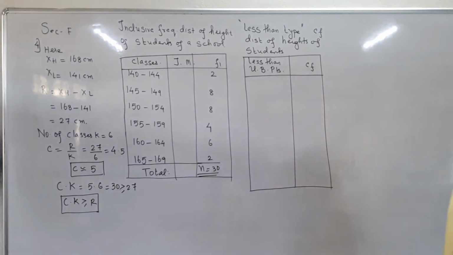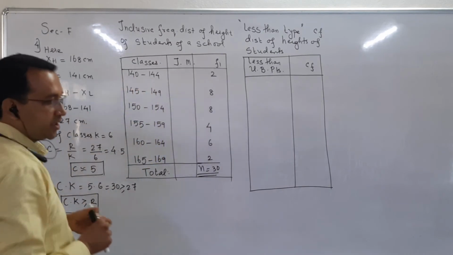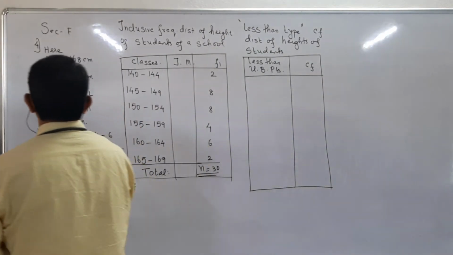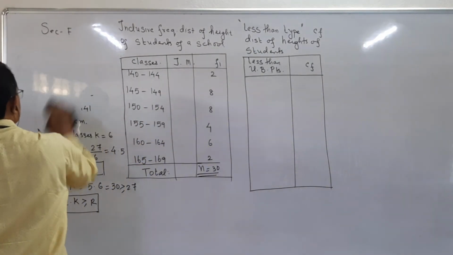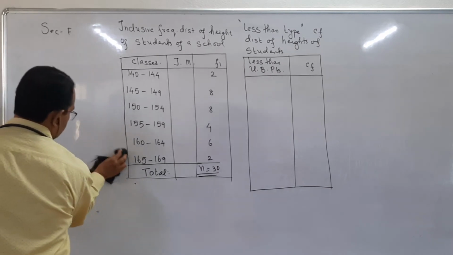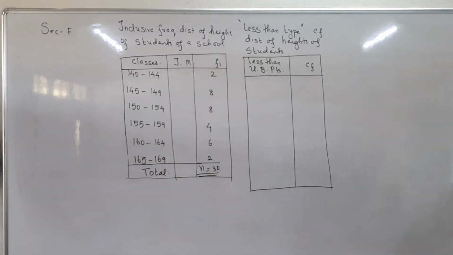Now, I am showing the boundary points. Besides these classes, you first note down this much and erase it, so that it will be easy for you to write.